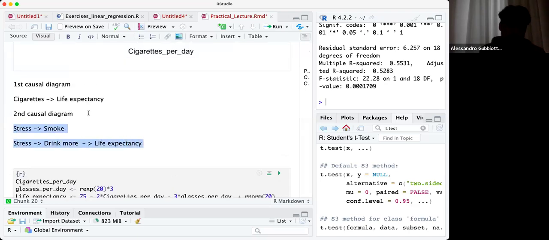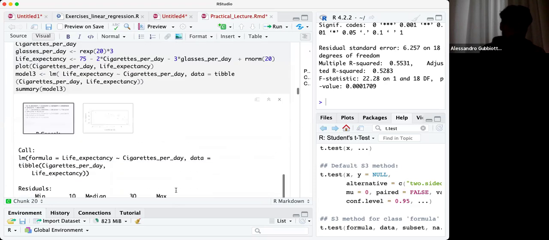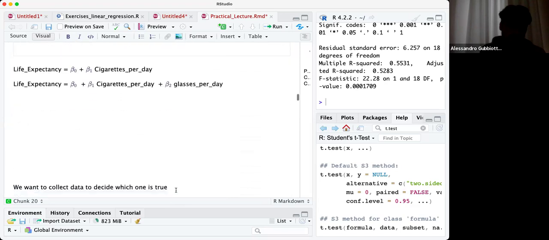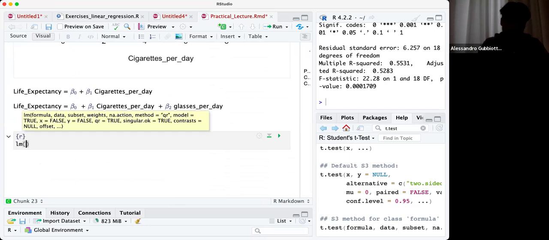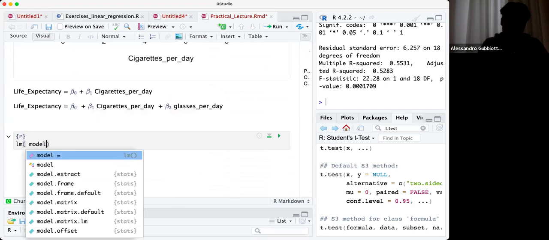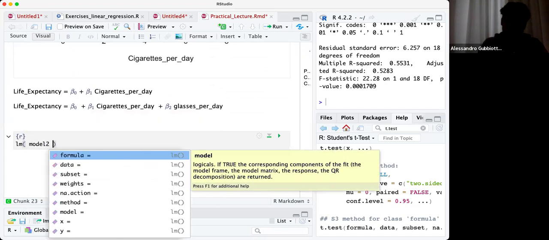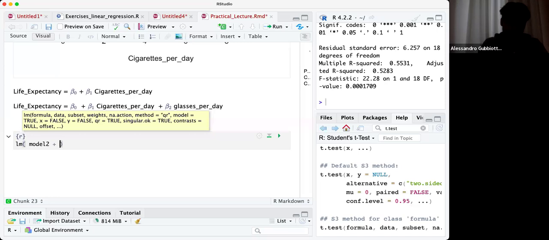Otherwise, both will be significantly different from 0. So we can simply add this predictor to the model. The first one was model 2, and we add as a predictor glasses per day.